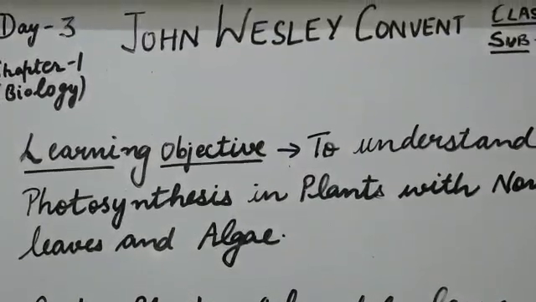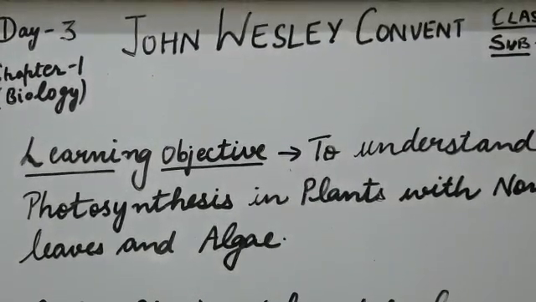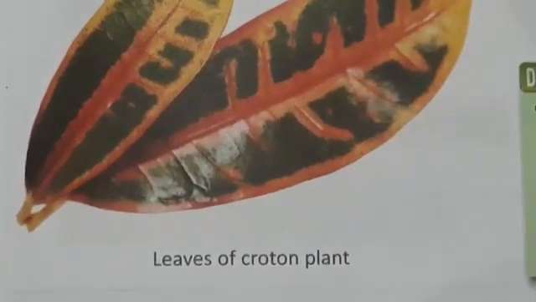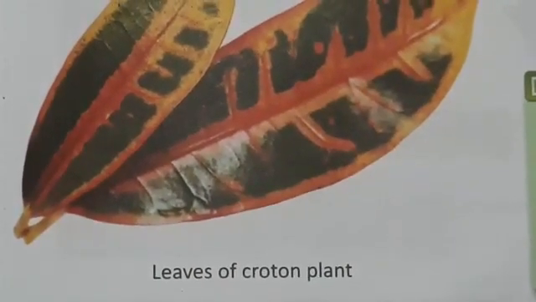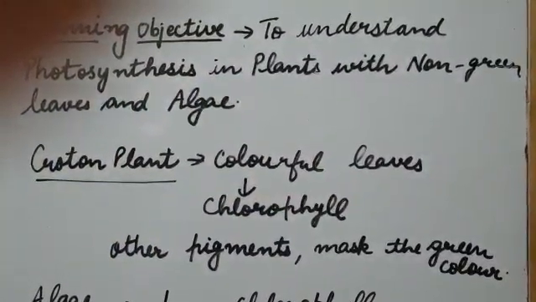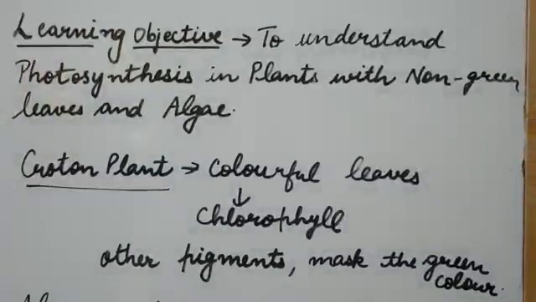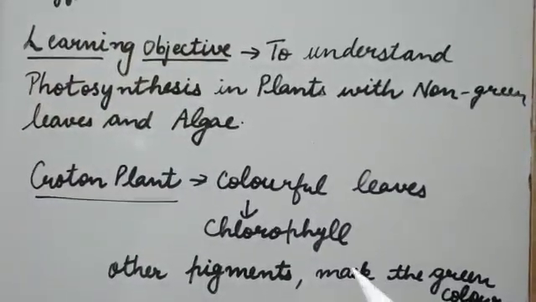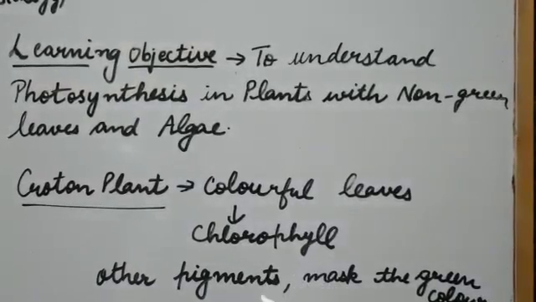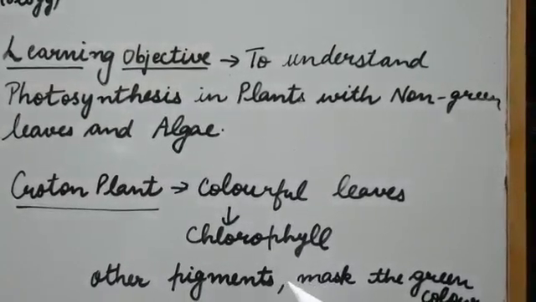Have you seen the leaves of the croton plant? I'll show you over here. Here you can see these are the leaves of the croton plant. Croton plants have colorful leaves. They also have chlorophyll. A large amount of red, brown or some other colored pigment is present.